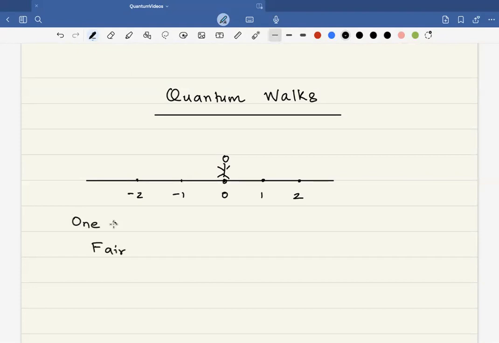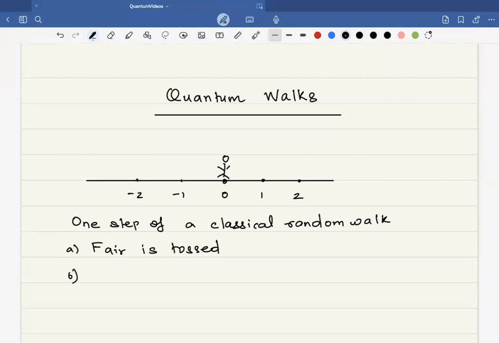One step of a classical random walk. So a fair coin is tossed. And so that is the first part. If the coin is head, the person moves to the right. So take one step to the right.